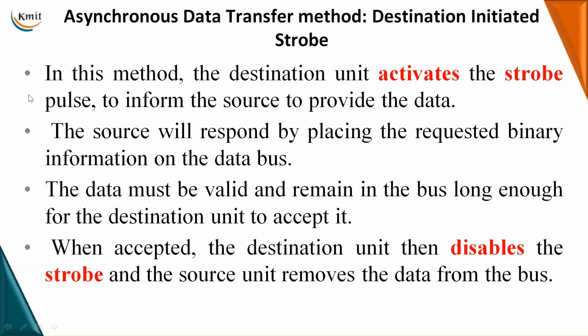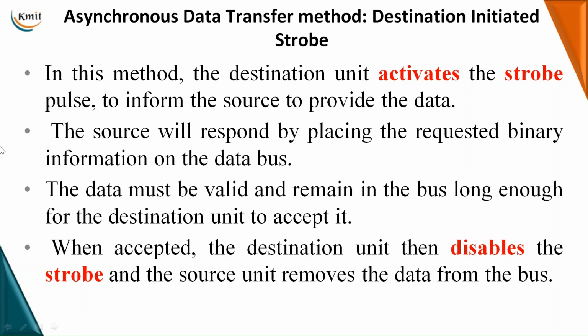Coming to the destination initiated strobe mechanism, the destination unit will activate the strobe pulse in order to inform the source to provide the data. The source, in response, will place the requested data onto the data bus. This data must be valid and remain on the bus as long as the destination unit has not accepted it.